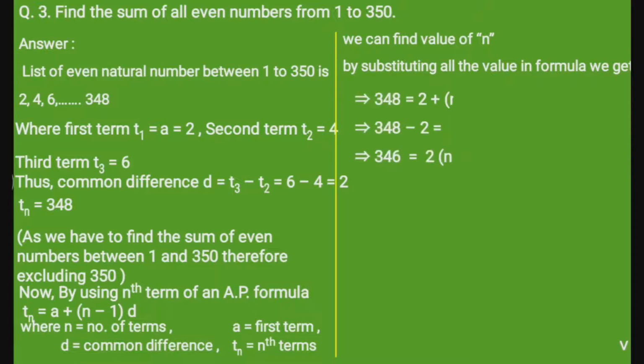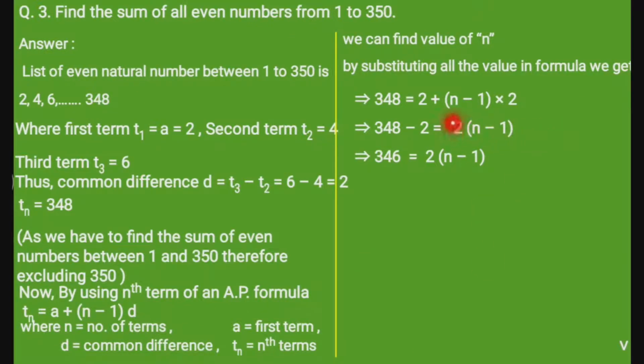So here Tn is equals to 348. So we replace this Tn by 348, this a by 2, and this d, that is common difference, by 2. So we substitute all these values in the formula Tn equals to a plus (n minus 1) into d.